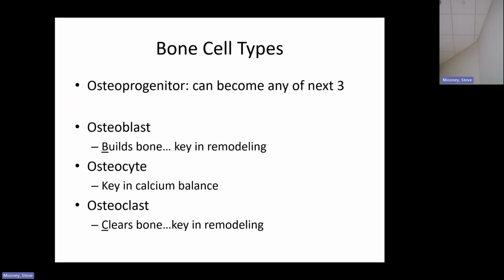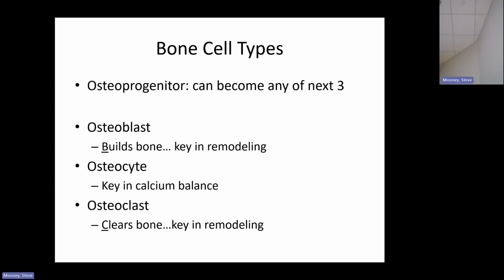Got osteoblasts, they're going to build bone. Your osteoclasts, I use a C to clear bone. So if we're exercising our horse, that horse is going to build up bone to resist the stresses that it's going through. Both of those yin and yang are working together to make the bone as light as you can make it and as strong as you can make it.